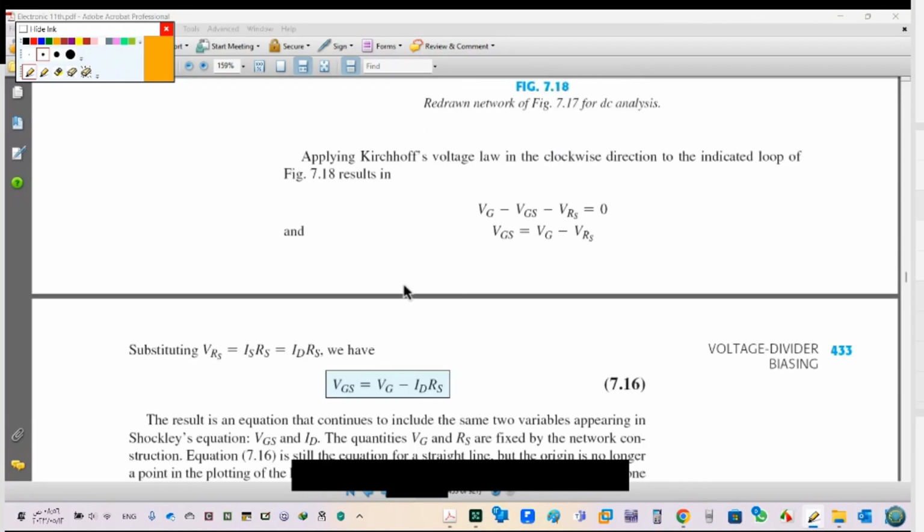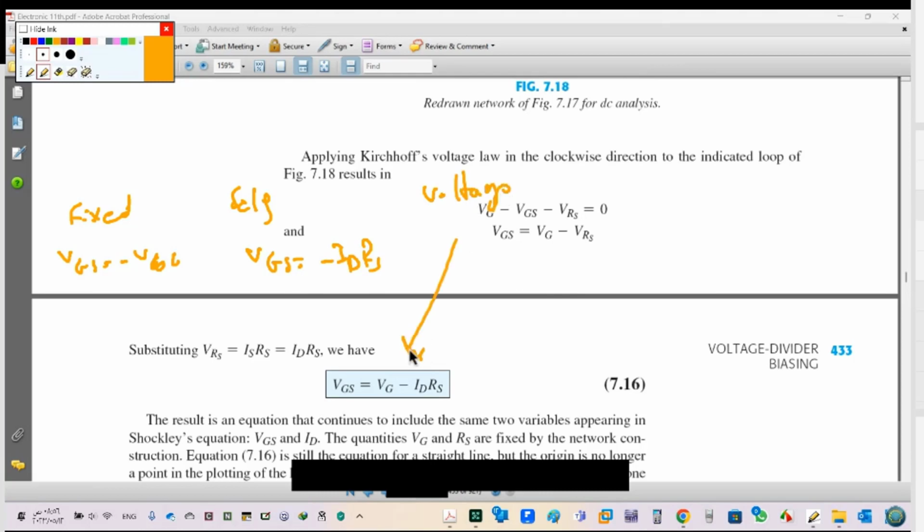So we have this formula: VGS equals VG minus ID RS. In fixed bias, VGS equals minus VGG; in self bias, VGS equals minus ID RS. Here in voltage divider bias, we have this formula, VGS equals VG minus ID RS. So every time we add a component, this is the new term here: VG minus ID RS.